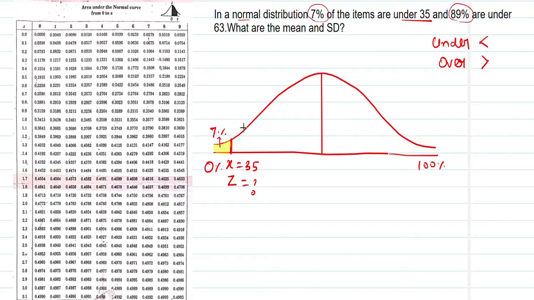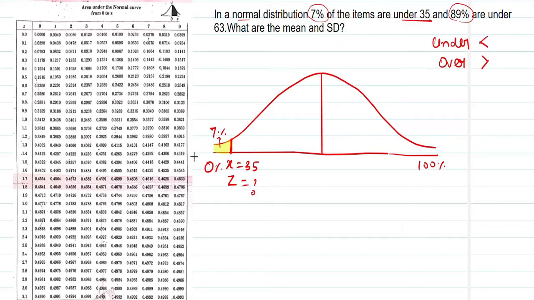So how do we estimate the value of z at this region? We know that the normal distribution chart given to us can estimate only from the center line to any particular portion. So from the center line to this portion, I will be able to get the area from the chart, and since I will know the end point, where the 7% ends, we will be able to estimate what z is at this position.